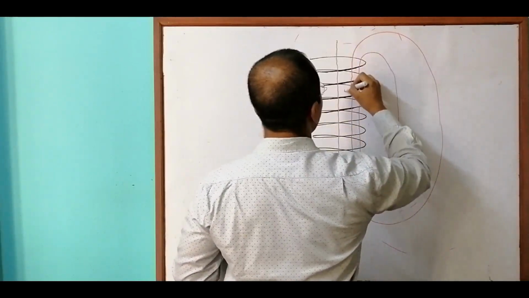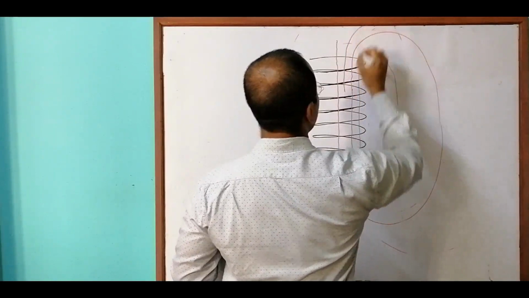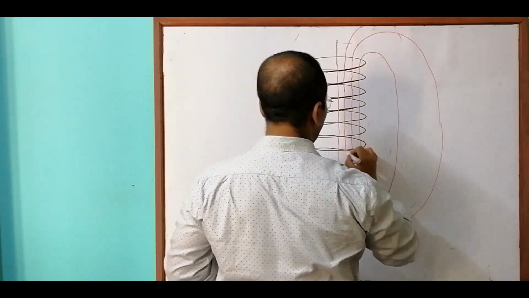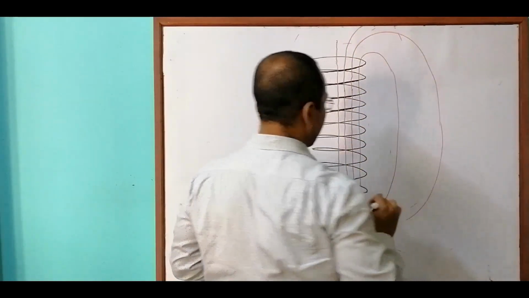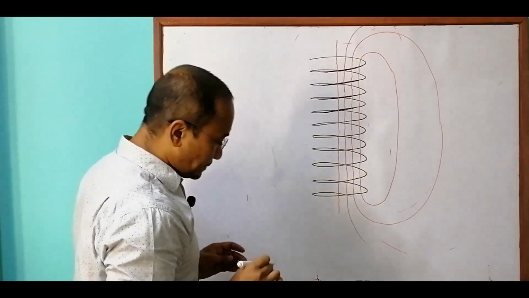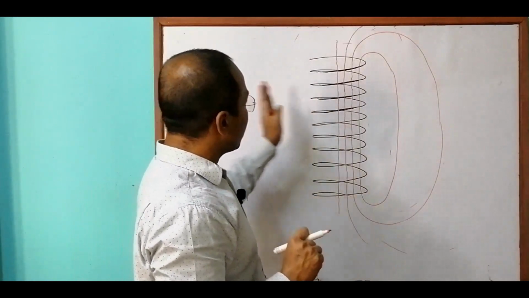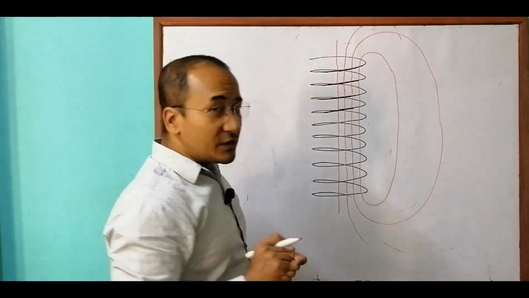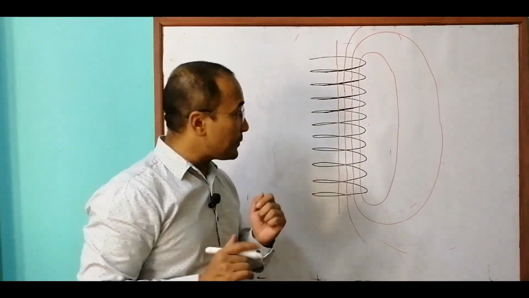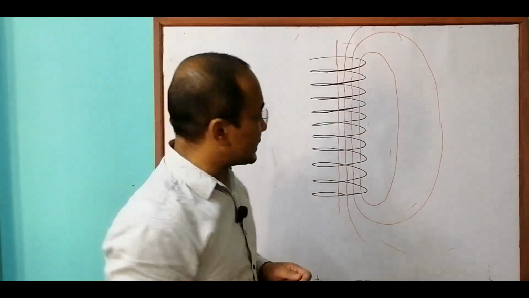And this line will be incomplete for this board. So like this. And like this. So this is the magnetic field due to a solenoid. And if I draw it here, it will be the same familiar shape of the bar magnet, pear shape, let us say, or half of the apple, let us say.